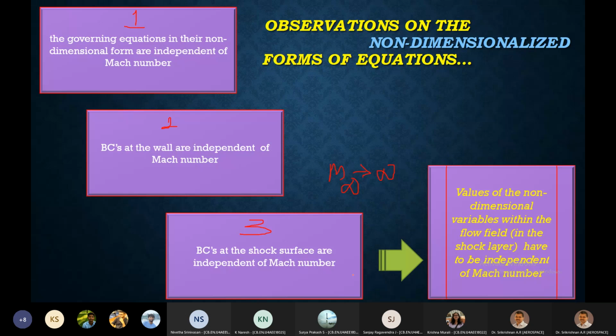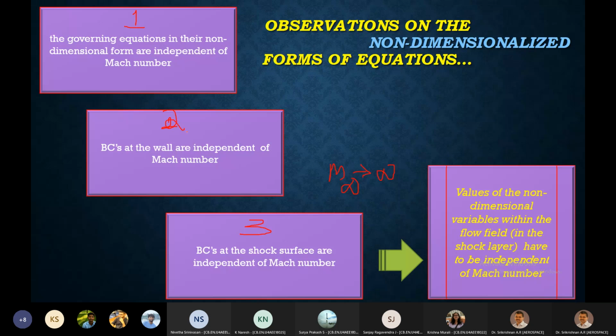Now let's look at these 1, 2, 3 together. What we are saying is that we have a set of non-dimensional boundary conditions, we have a set of non-dimensional equations, and all of them are independent of Mach number, which means that the solution for the variables, which are expressed in terms of non-dimensional parameters like p bar, rho bar, v bar, etc.